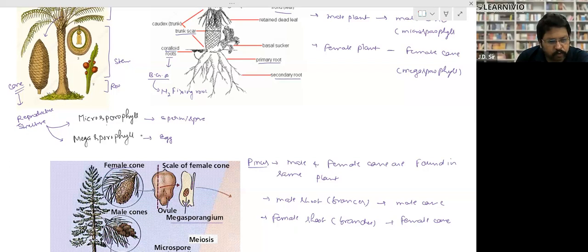Microsporophylls bear sperm or spores, right? And megasporophylls bear eggs. Clear? So cones are the reproductive structure.